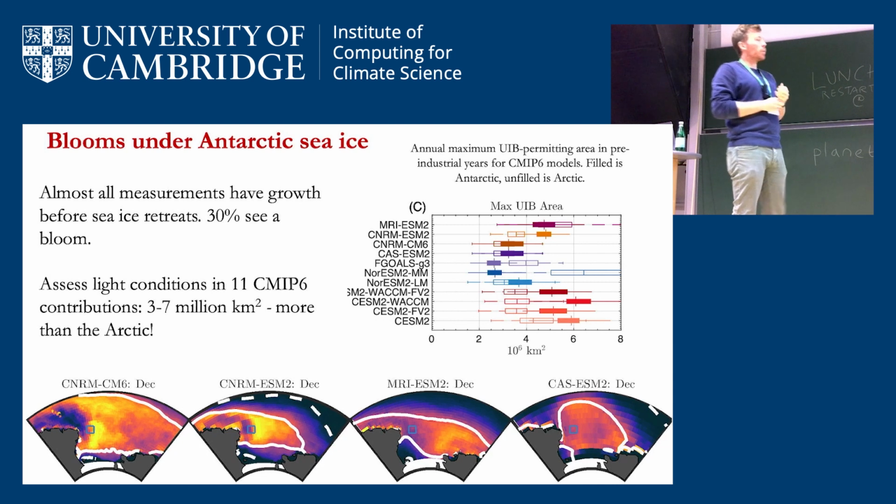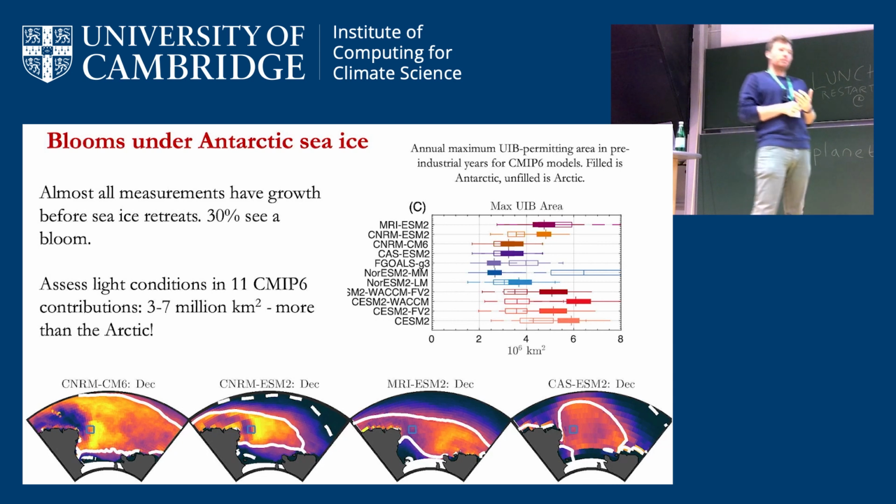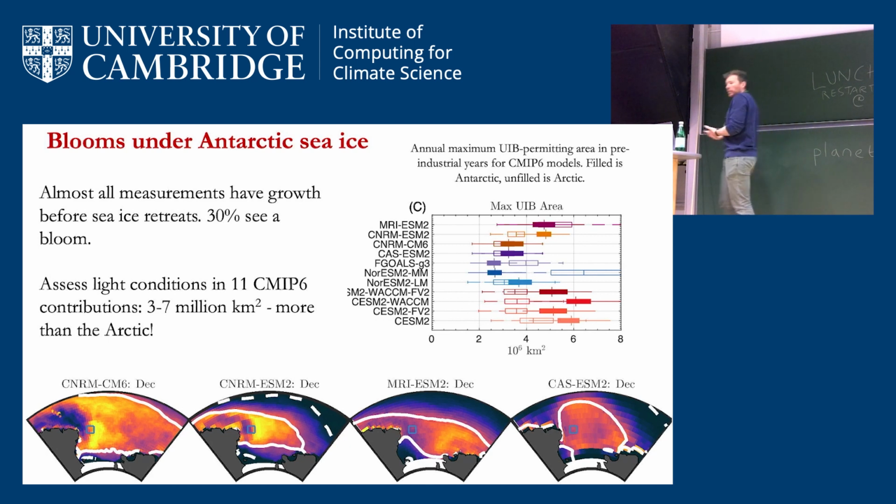And that's more than we see in the Arctic. So not only are these things happening here, but they're happening more than in the Arctic. And so something about the story that we're telling ourselves about Arctic under ice ecology is incorrect. The question is, why?